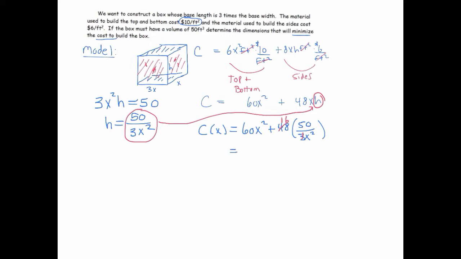So this is 60x squared plus 800 divided by, oh, and I forgot the x there too. So there should have been an x in here. And one of those will cancel with the x down here. So I get that. So there's my cost function.